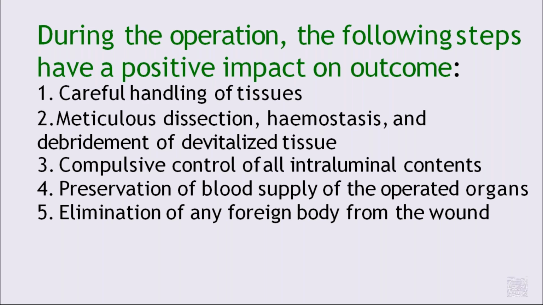Then compulsive control of all intraluminal contents, preservation of blood supply of the operated organs, and elimination of any foreign body from the wound. If you follow these steps, then the outcome of the patient will be good, and there will be decreased surgical site infections.